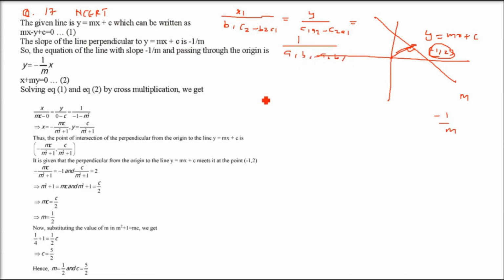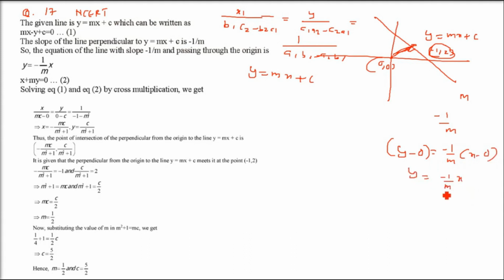So here there is an equation, y equals mx plus c. This is already given. And there is a line from the origin whose slope is minus 1 by m. So y minus 0 equals minus 1 by m times (x minus 0), since x and y are 0 at the origin.